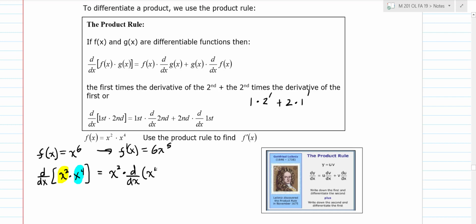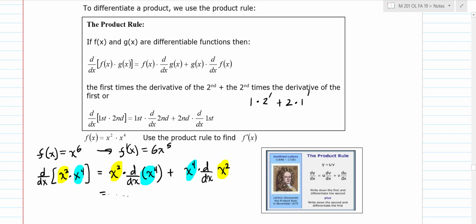Now, I'm going to set this up in notation, which I recommend. Then we write down the second, and we multiply by the derivative of the first. So that's how that gets put together: the first times the derivative of the second plus the second times the derivative of the first.